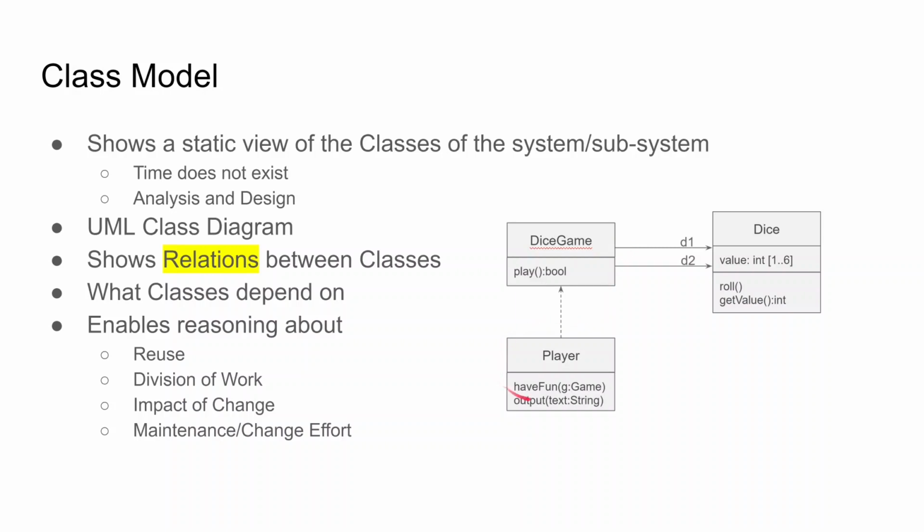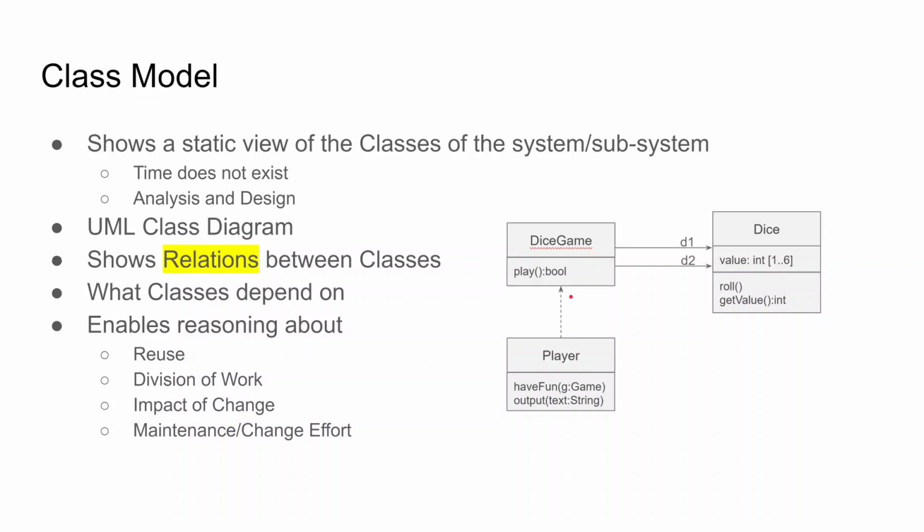We also saw that the player actually used the dice game, sent the play message to it, and it used this dice game by getting an object as an argument to this have fun operation. And inside of that operation, it used the dice game to send the message play to it. And we show so that there is no association in player to the dice game. Rather, it's this other type of arrow, and this arrow is called a dependency.